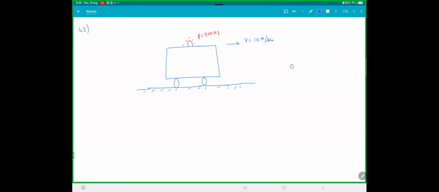We have an observer A, who is running forward with 5 meters per second. Let's say we have an observer B who is running towards the vehicle with 5 meters per second. Let's say we have a person C who is coming towards the vehicle with 5 meters per second. We have an observer D who is running away from the vehicle at 5 meters per second. We have an observer E who is sitting in the front of the vehicle. And we have an observer F who is sitting on the last seat in the vehicle. So there are a total of 6 people here.